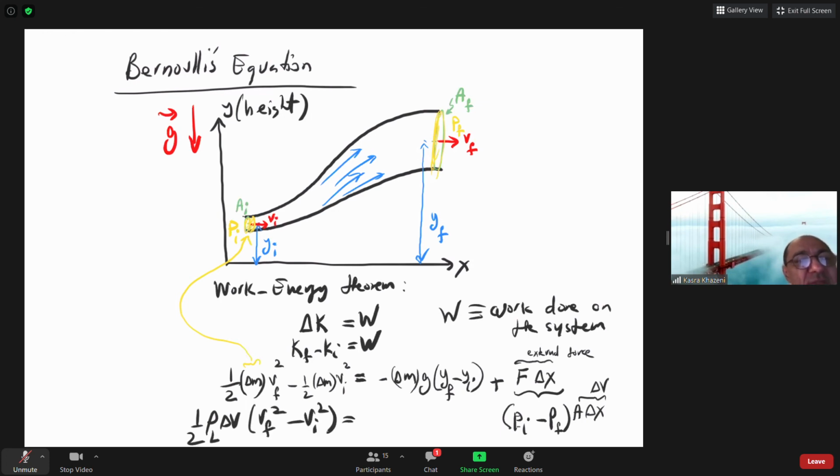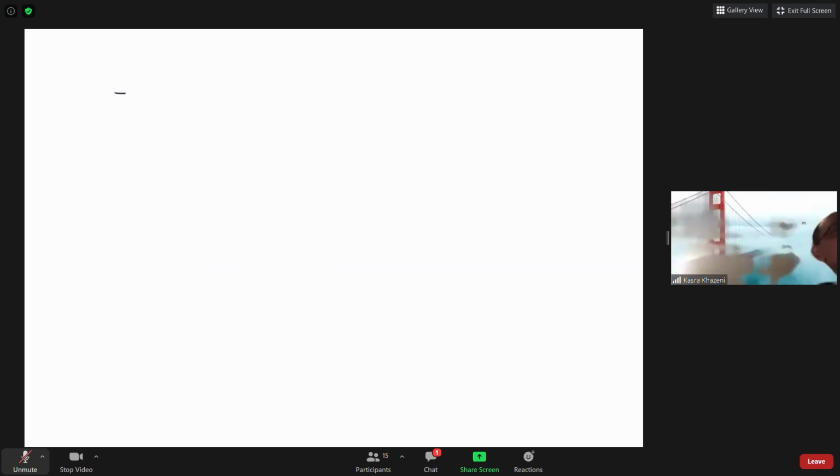And on the right-hand side, I get delta M again, which is rho of the liquid delta V, Y final minus Y initial. And of course, I have this term. And now the delta V's cancel from both sides of the equation, and I'm going to end up with this equation.